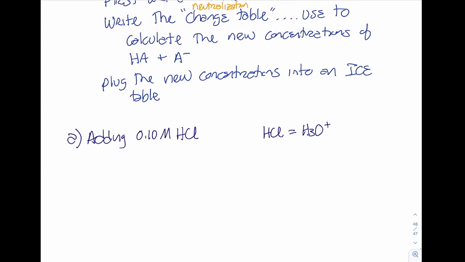So I'm going to have hydronium ions plus the base component of that buffer. That's going to produce water, and in this case, formic acid.